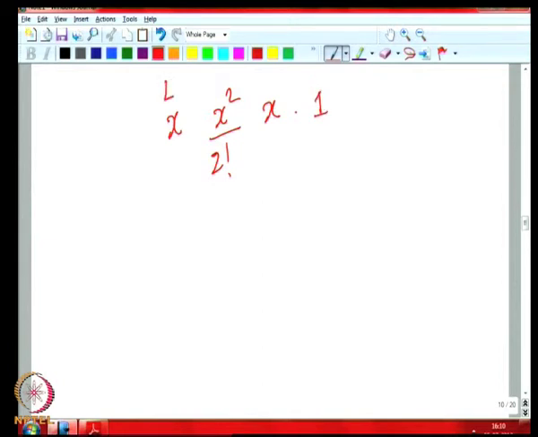This corresponds to 1 E, this corresponds to 2 N's, this corresponds to an I, and this corresponds to no G's. There is nothing, because here 1 means x raised to 0. So the selected letters are E, N, N and I.